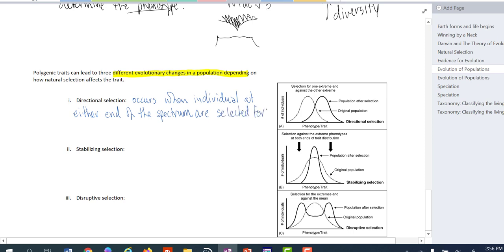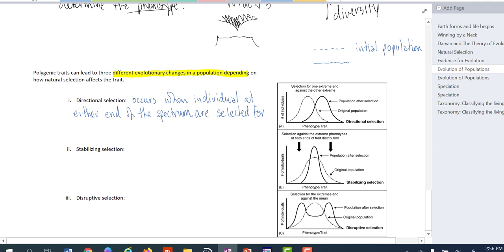Okay, so in all of these examples, the dotted line represents the initial population, and the solid line represents the change in the population.